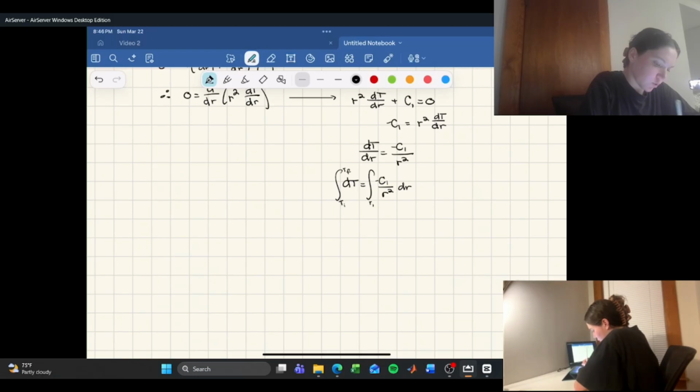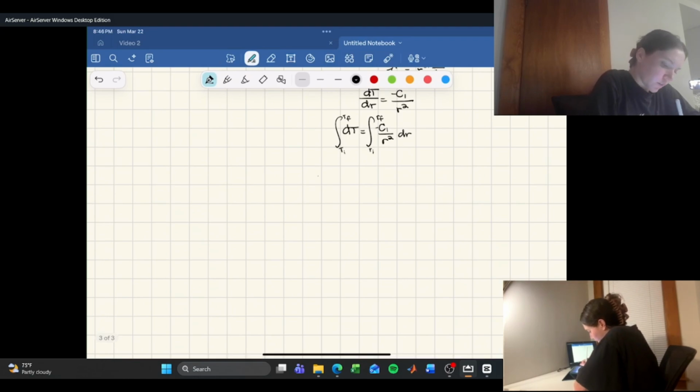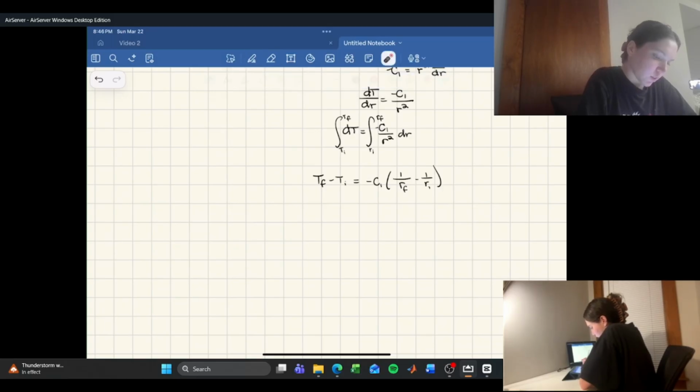This is the initial radius to the final radius. So after we integrate, we're going to end up with final temperature minus the initial temperature is equal to some negative constant times 1 over r final minus 1 over r initial, and then this negative sign will be distributed.